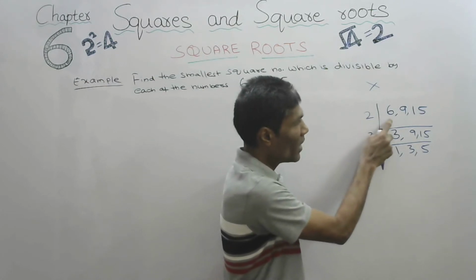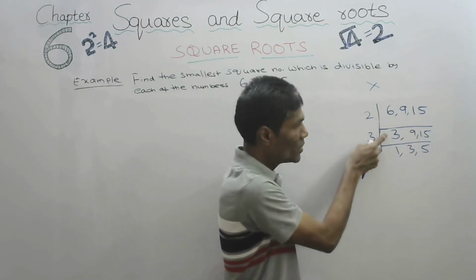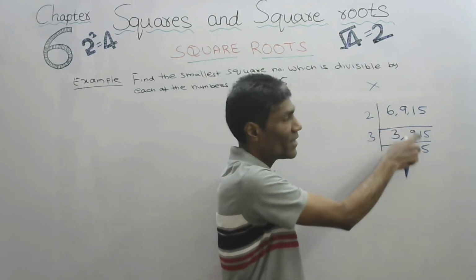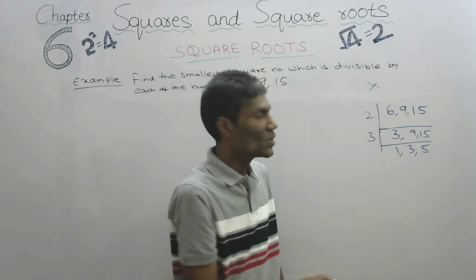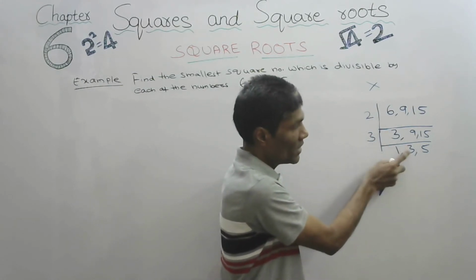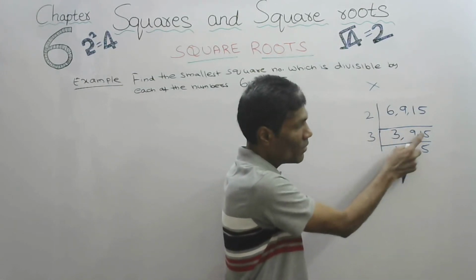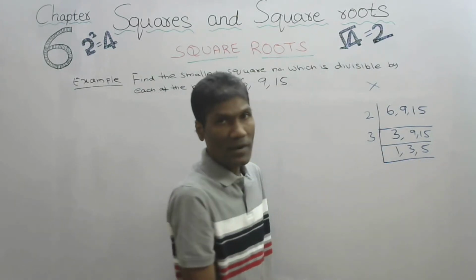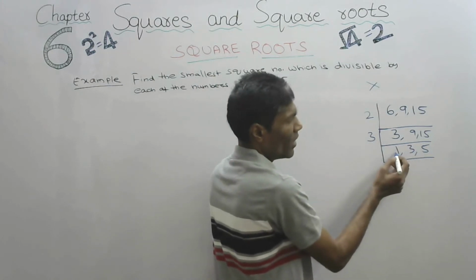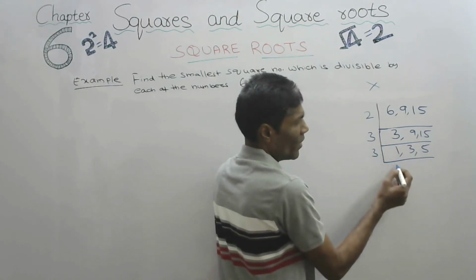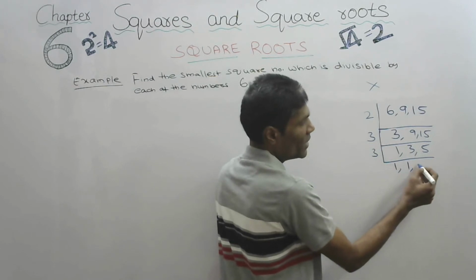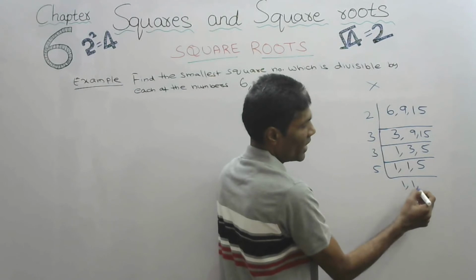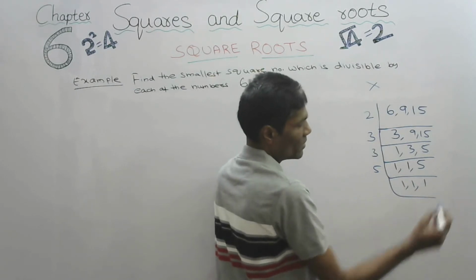With this number we are dividing these numbers. If it is not divisible, then we are writing the same numbers. Next 1 over 3, 1 as it is, 3 1s are 3, 5 as it is, 5 1s are 5.